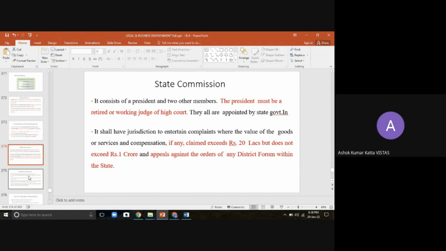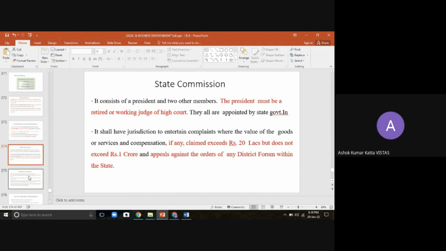Then the respondent, the opposite person, gets angry and files a case at the state level. So with the approval of the judge's permission, they go to the state level. In the state level also, if they get a negative judgment that is not at all favorable, again they will file a case at the Supreme Court. Whatever judgment the Supreme Court gives is final in India.